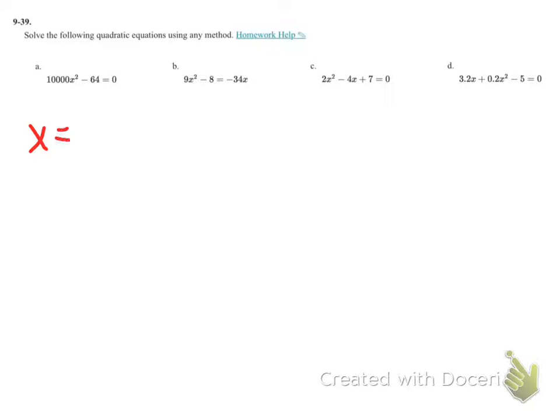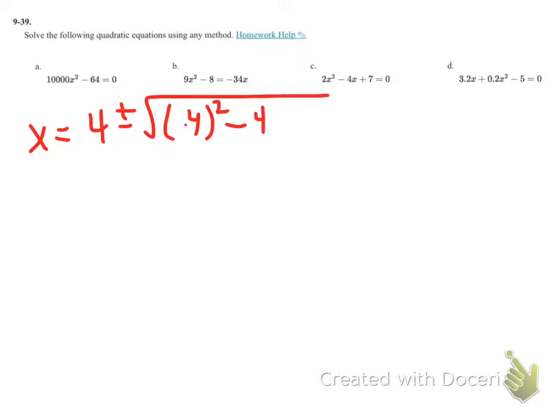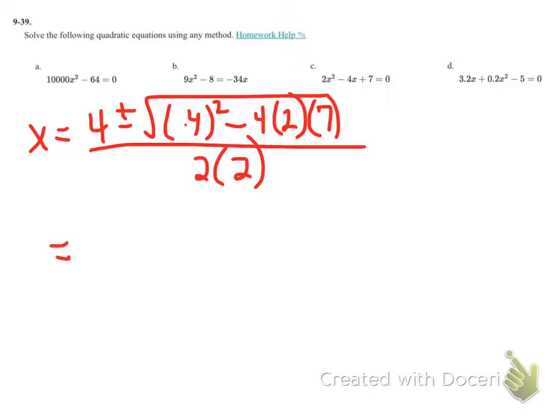So x equals the opposite of my b value, which is now positive 4, plus or minus the square root of negative 4 squared minus 4 times a times c, divided by 2 times a. I have 4 plus or minus the square root of positive 16.